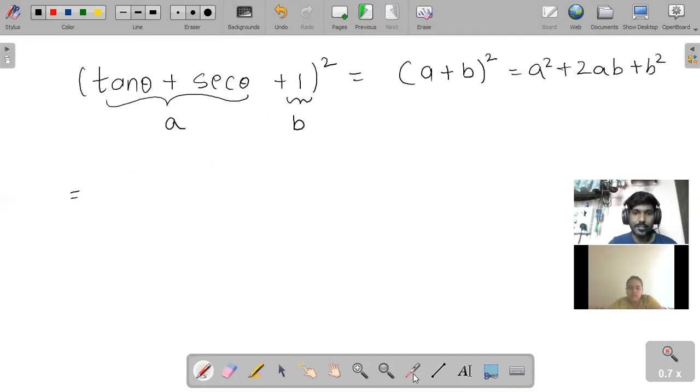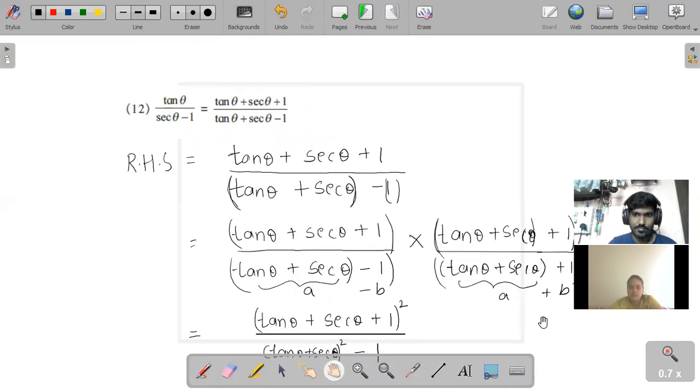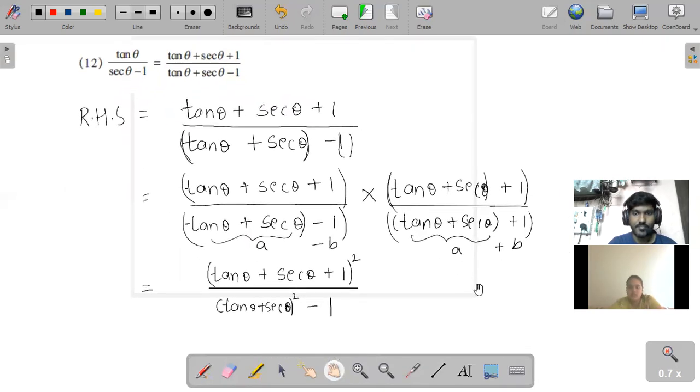Is there no other way to do this sum? Because first you find out that by a minus b, a plus b, then you find this by a plus b, the whole bracket square, and again you have to do the same thing for the denominator. Is there no other way to solve it?